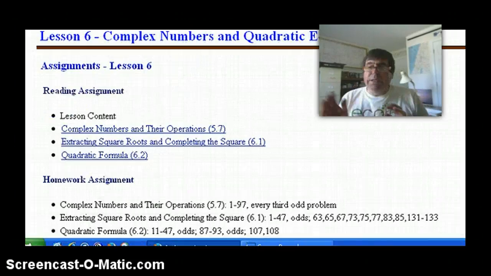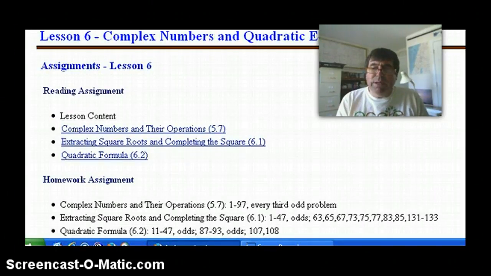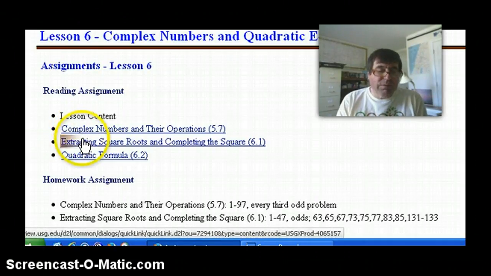Right here, you have your content. Notice you have 3 major readings, and then you have your assignment at the bottom. I may have said this before, but if you're skittish or you think your skills are not what they need to be, work some problems and make sure you check the answers, and that will help you out. These are very good explanations.